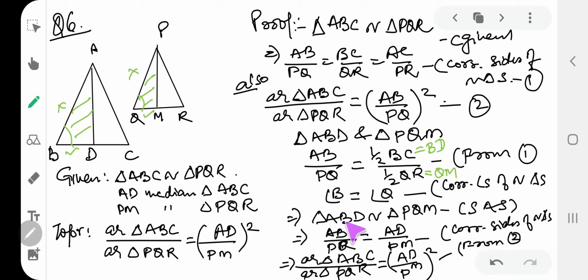Therefore, we can say that these two small triangles are similar. And if these two small triangles are similar, all their sides are proportional. Therefore, AB by PQ is equal to AD by PM. And let us replace this AB by PQ in the second with this AD by PM to get the desired result. I hope you are able to understand it.